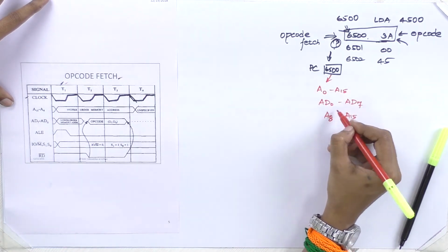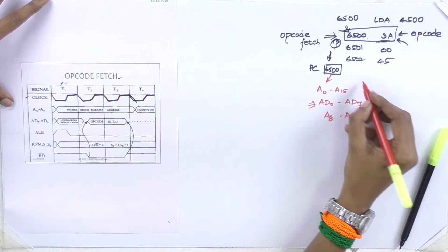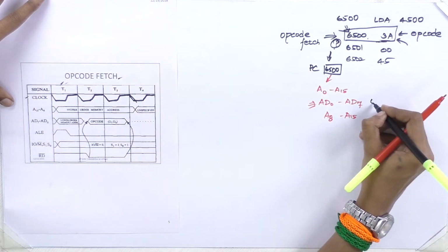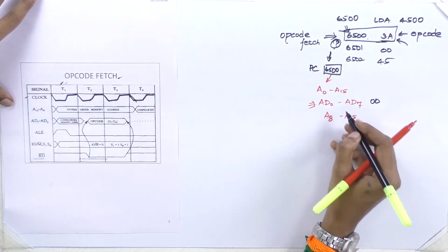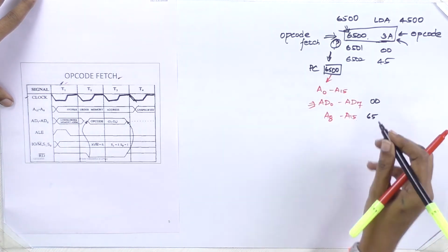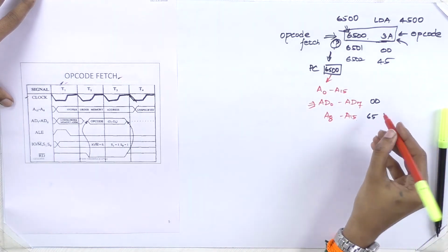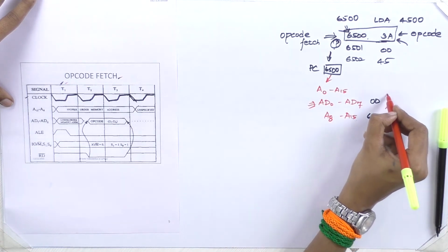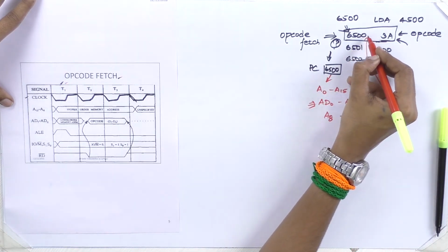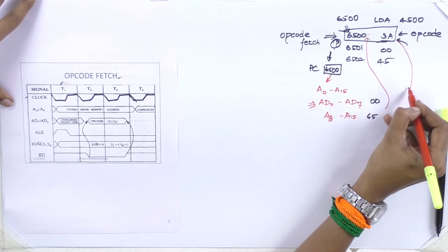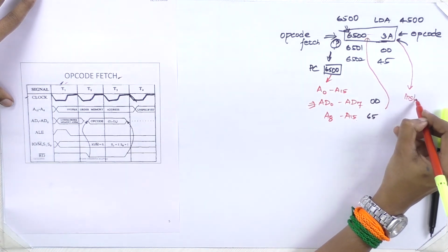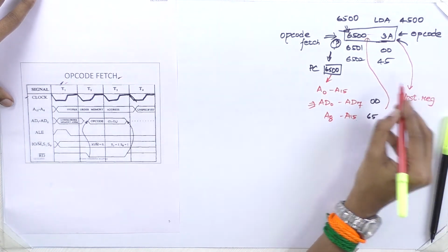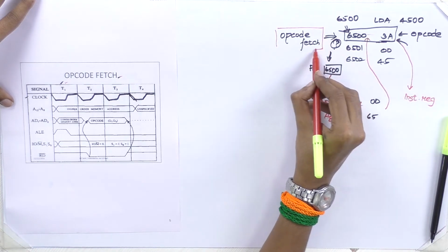In the lower byte, the address 00 will be placed, and in the higher byte, the address 65 will be placed. Once the processor sees this address, it goes to that address, takes the opcode and places it in the instruction register. This is what happens when you perform opcode fetch.